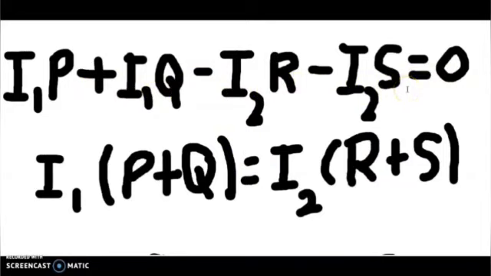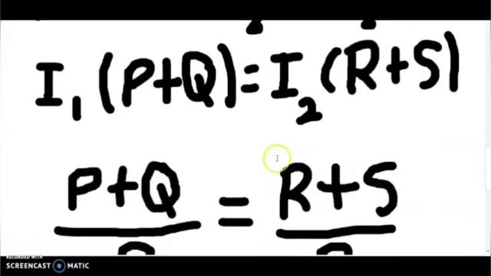Now let's take the negative terms to the other side. We get I1P plus I1Q is equal to I2R plus I2S. Now let's take the common terms outside. Here I1 is common on one side and I2 on the other. So I1 into P plus Q is equal to I2 into R plus S.